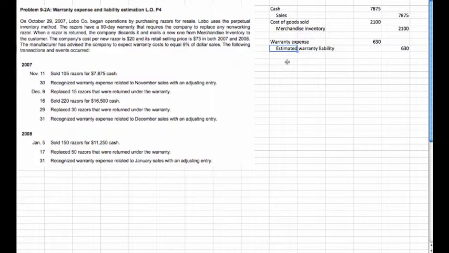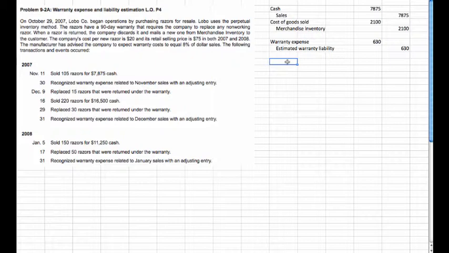Now let's move on to the next transaction. On December 9th, we replaced 15 razors that were returned under warranty. So if the razors are being returned, we're going to provide a product to the customer, take it out of merchandise inventory, and reduce our obligation because we've just satisfied it.